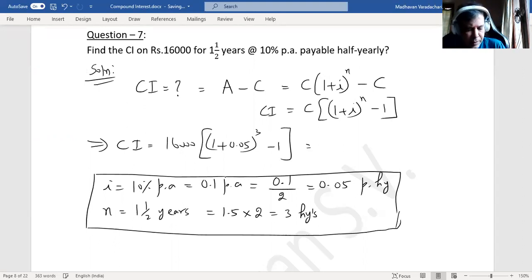Let's calculate it. We get rupees 2,522. That will be the compound interest for this particular problem.